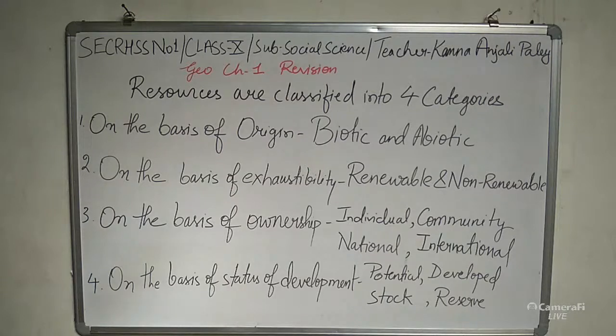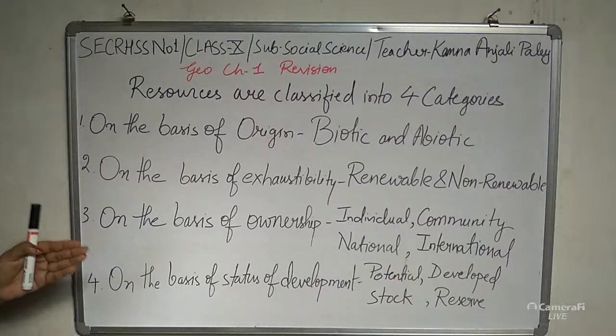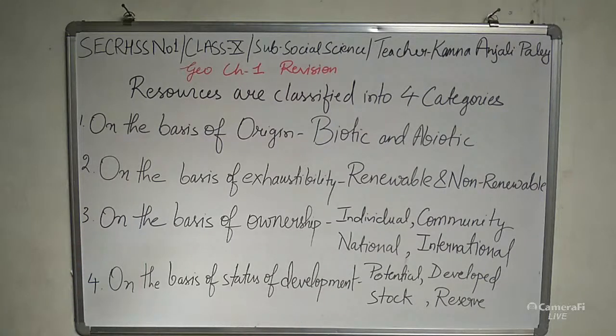And in coastal areas, from the coastal area up to 12 nautical miles, that is 22.2 kilometers, the resources of the ocean under this area are owned by the country. That is called national resources.